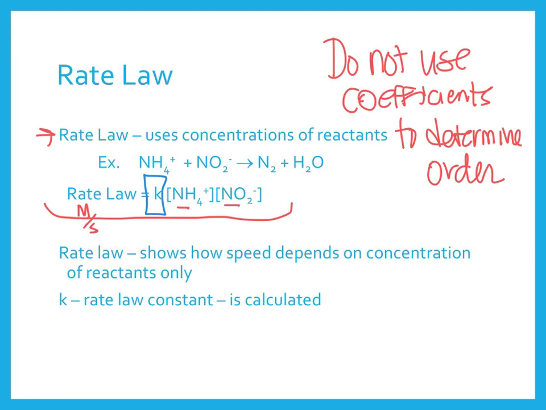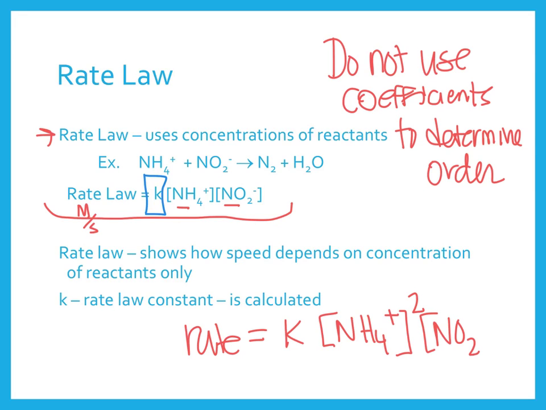But I'm going to tell you that you may have a rate law where rate equals K, and let's say it might look like this. It might be using the same equation, but you would not be able to look at the coefficients and determine this particular value here. It has to be determined using experimental values.